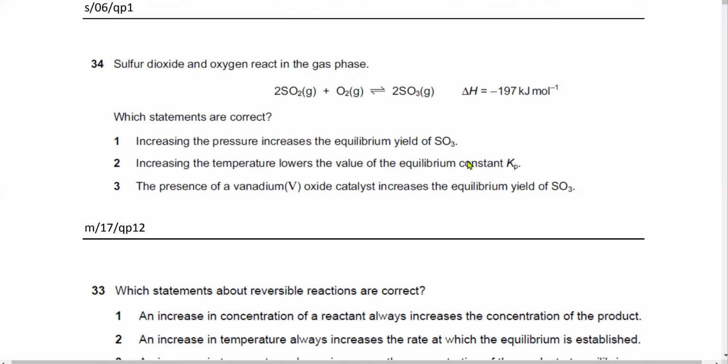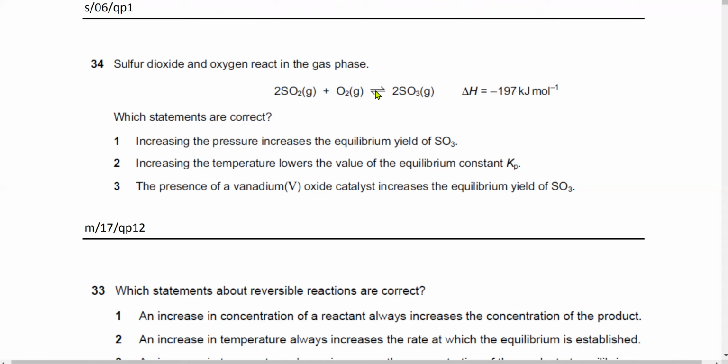What about increasing the temperature lowers the value of Kp? Forget Kp. What does a catalyst do? If you add a catalyst, what does it do? We didn't study this, but it will speed up the reaction without getting used up itself. So what would happen to the equilibrium position?